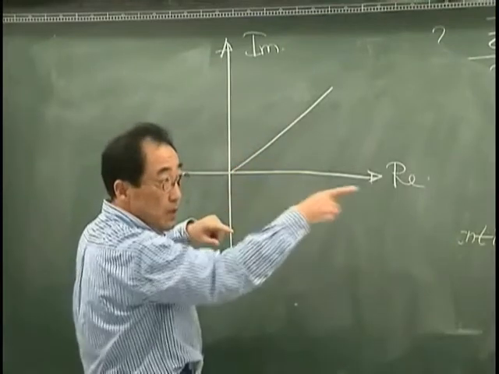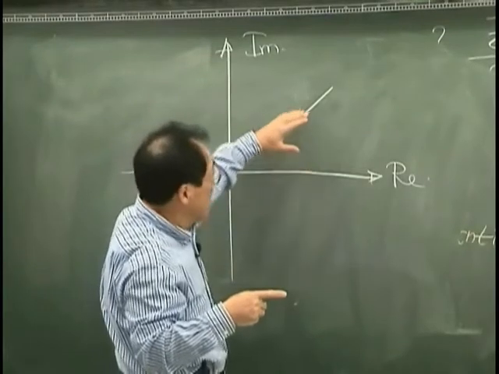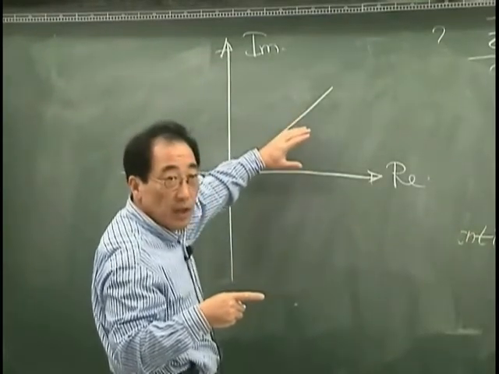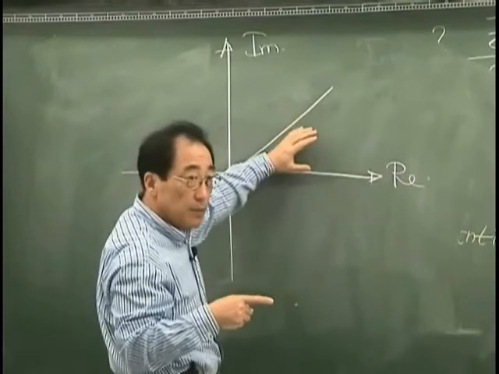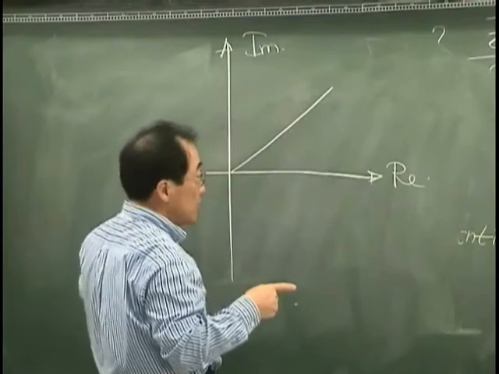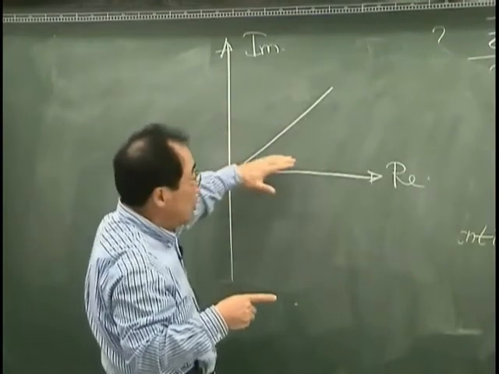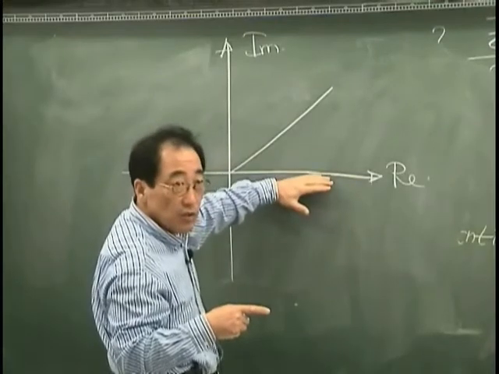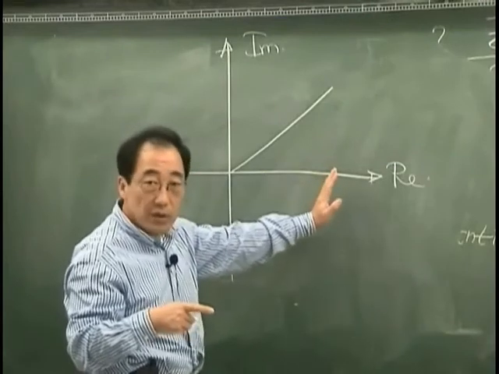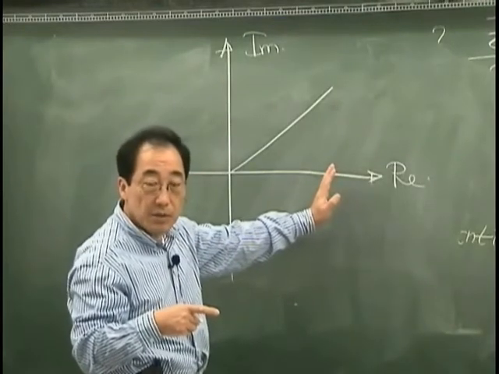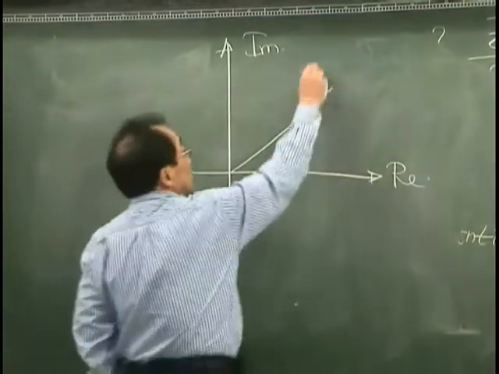So expressing f exponential minus j omega t in the complex domain is rather interesting. I have a complex amplitude and this is rotating. And if I want to take the real part, I only take the projection of the complex amplitude onto the real axis, and vice versa. Okay, so that is f.